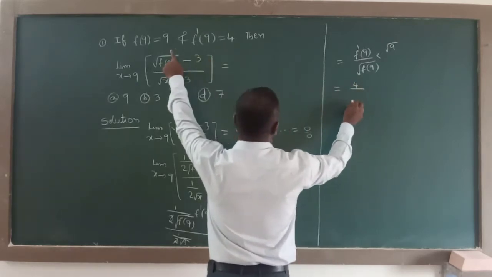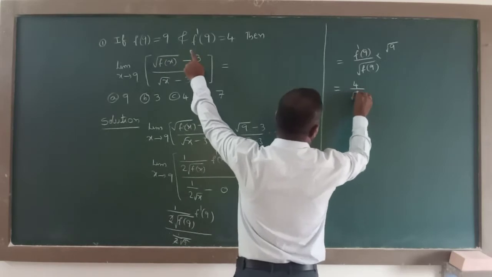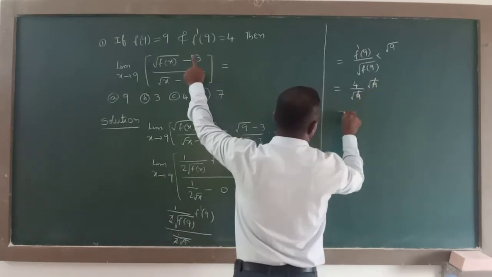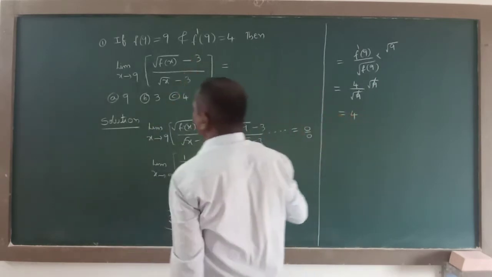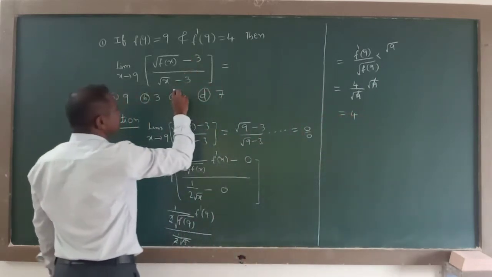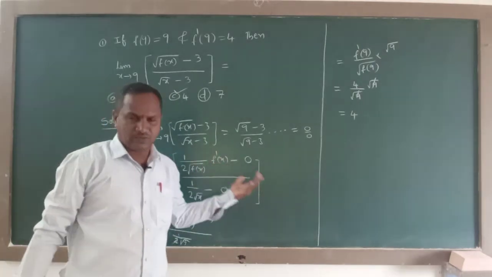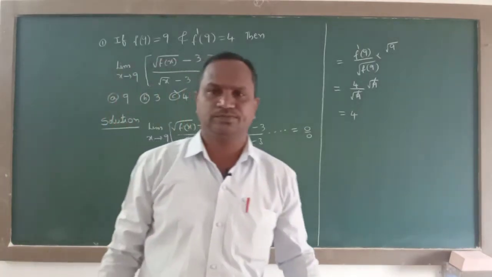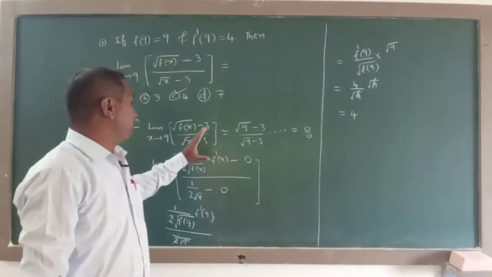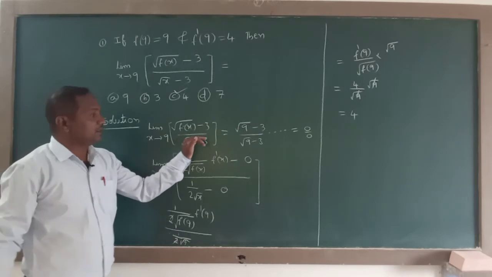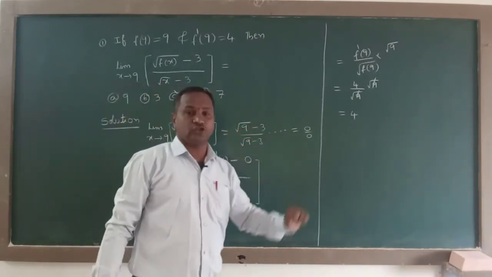F of 9 is 9, so root 9 into root 9, and both get cancelled. The answer is 4. 4 is the correct answer. That's why the third option is the correct option for this question. Like that, we apply the L'Hospital rule. But actually, if you directly substitute x value 9 here, you finally get the 0 by 0 form.